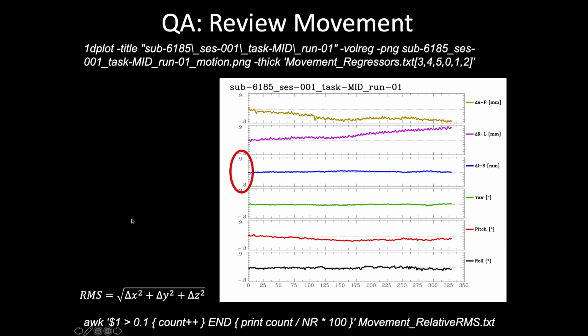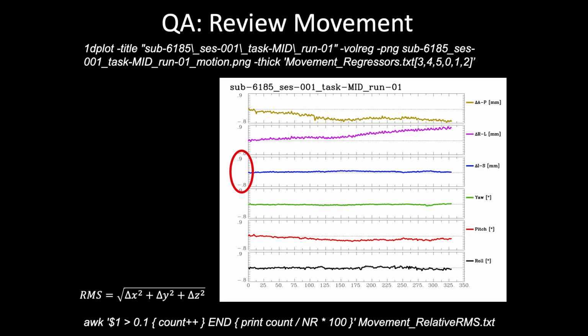Some people like to use the RMS value as a threshold for resting state fMRI, and I've seen different values used. I've seen some people use half the voxel size. Others are a little more conservative. So Van Dyke had a 3 millimeter voxel, but he made it very restrictive at 0.1 for the RMS.